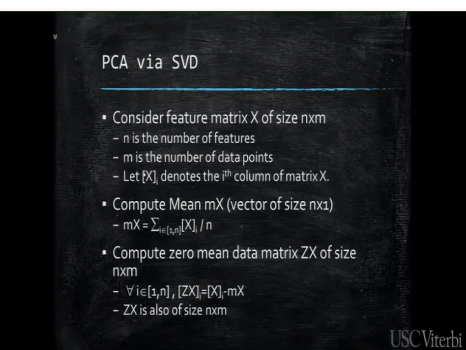Then you compute the mean of the feature space. For that you take the sum of all the columns and divide by the number of columns. And again here a mistake: this should be m. Anyway, I'll correct it later, because this is the mean of all the features, so this should be m.